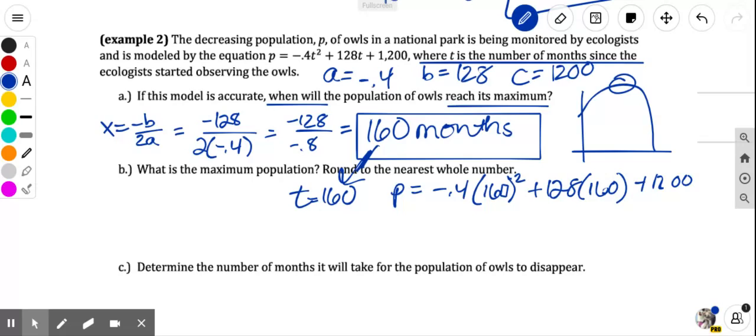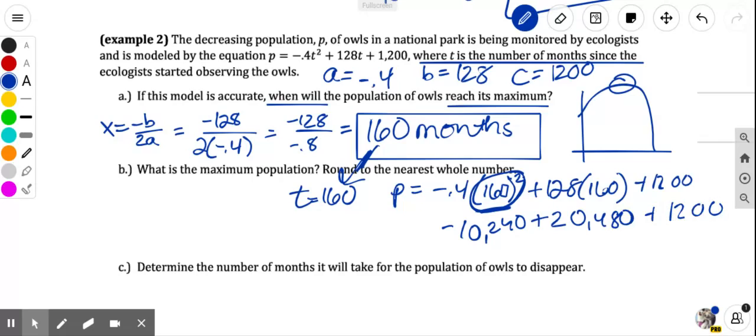Okay, so if I do 160 squared first, and then multiply that by negative 0.4, you get negative 10,240. And then we can do 128 times 160 is 20,480 plus 1200.